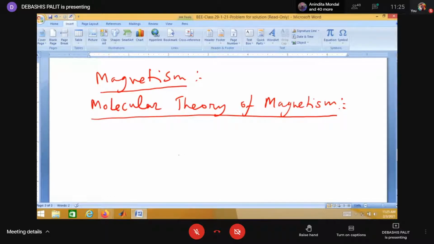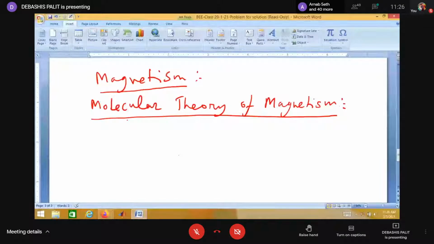The molecular theory of magnetism was first proposed in the year 1852 by Weber, and then it was modified by Ewing in 1890. According to this molecular theory of magnetism, it states that all substances are inherently magnets.